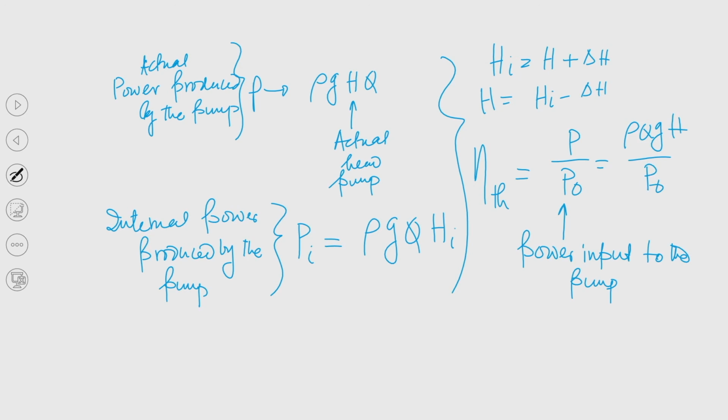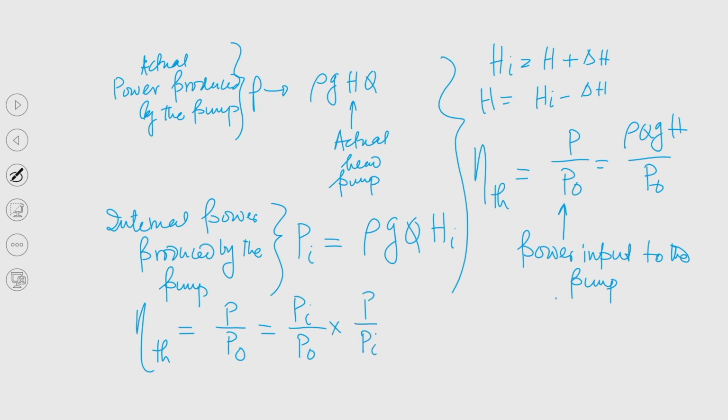Okay. So, we will be doing an important exercise today. Can't we write this eta theoretical efficiency equal to P by P naught? Can't we write that? So, this is nothing but Pi by P naught into P by Pi, right.